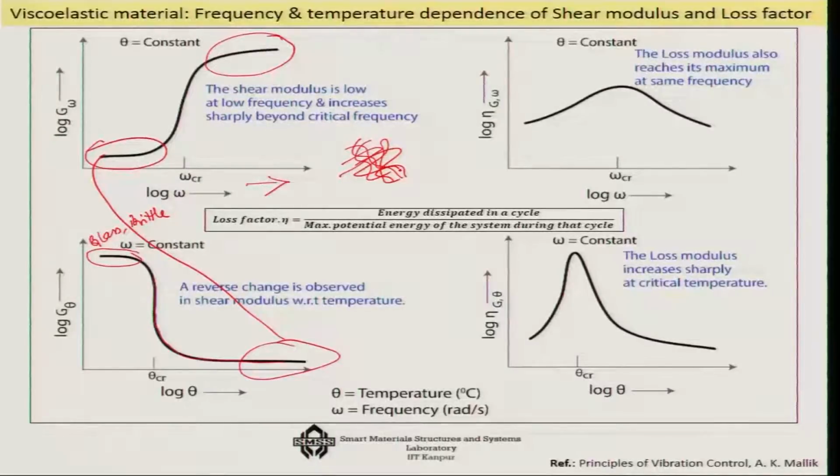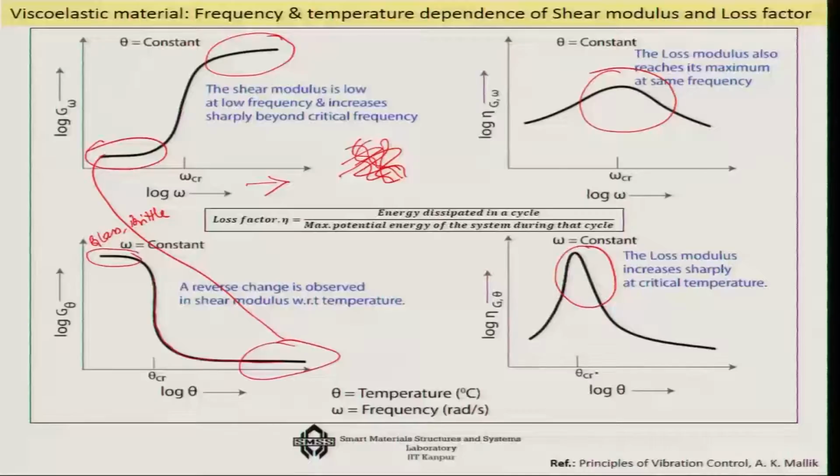Now, as far as the loss modulus is concerned, it always happens at the transition period. Nothing much happens before or after that, but at the transition period, where suddenly a lot of energy dissipation is possible, these things happen, and this happens not only for frequency but also for temperature.